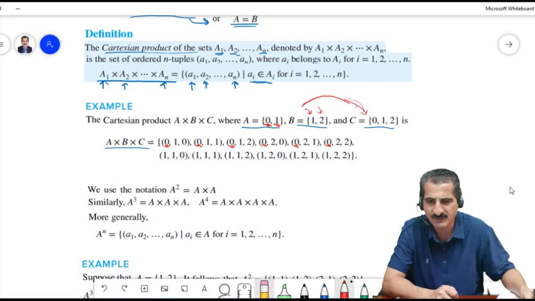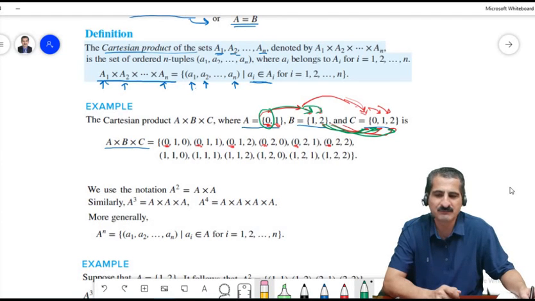So for one choice here, let me use another color, you have 2 choices here, and each one choice here has 3 choices. But we have 2 elements here, so how many elements will we have? 2 times 2 times 3.